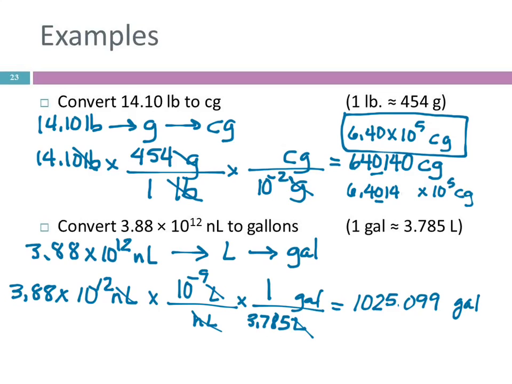Sigfigs, how many? Question? It's supposed to be 3.785 gallons a liter? We're going to go with what we were given. Since we were given that, we're going to use it. Yes, there are more digits after that that are known, but if they weren't given to us, we're not going to use them.